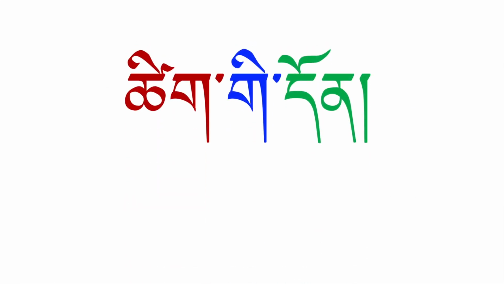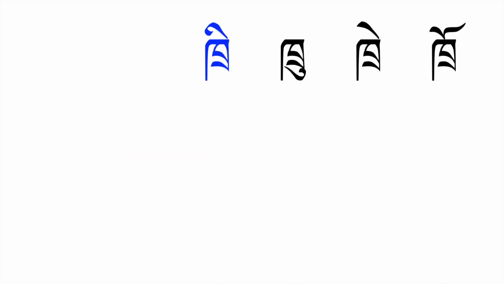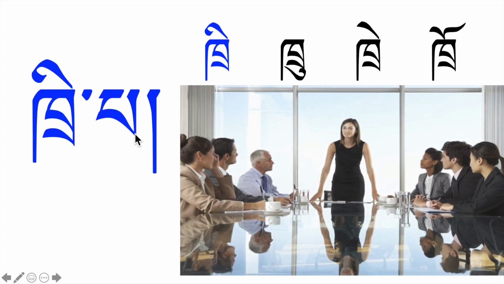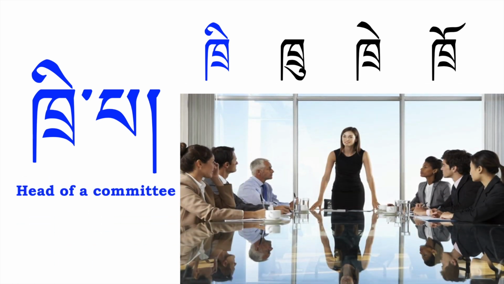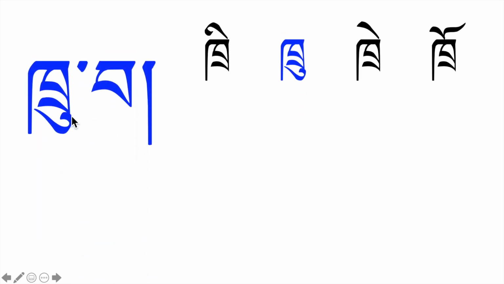Okay, now we are going to learn the meaning of the words. Ka rata ta ki gu ti, tiba. The meaning is head of a committee. Tiba. Next, ka rata ta shabkyu tu, wa: tuwa. Again, a reminder, the pa sound changes to wa.